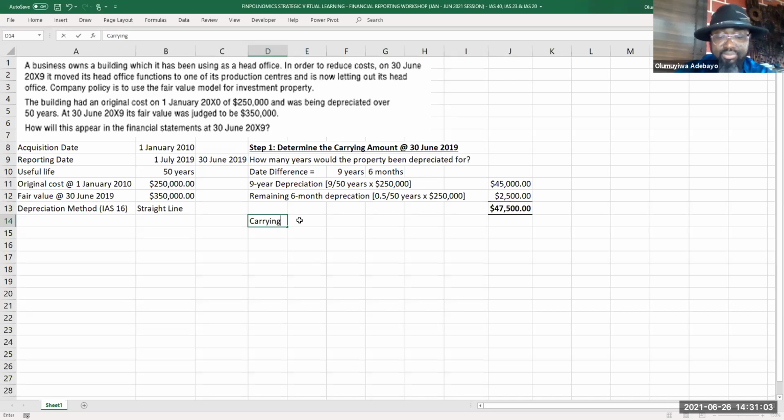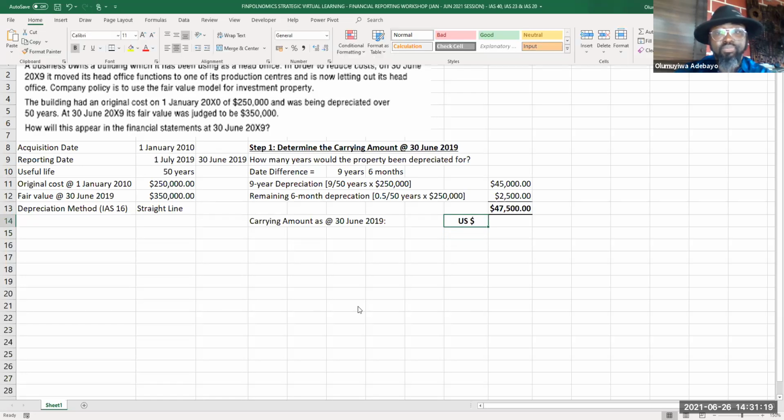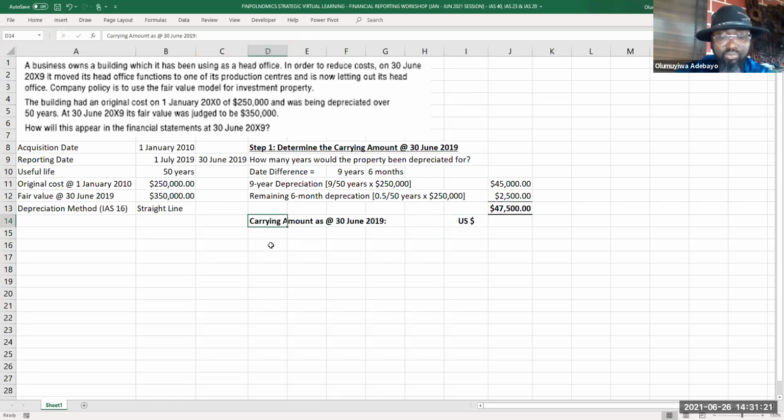The carrying amount as at 30 June 2019 equals, all in US dollars, initial cost less accumulated depreciation.